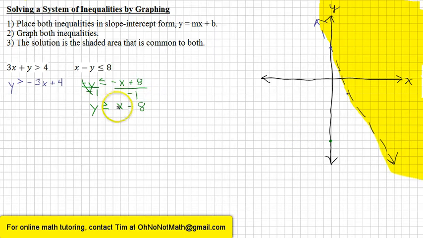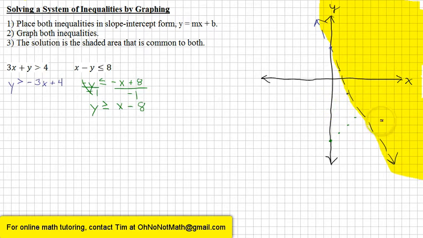The slope is positive 1, or 1 over 1, right? So since it's positive, we know the line's going to be sloping up as we move from left to right. And since the slope is 1 over 1, we go 1 in the y direction, 1 in the x direction, and so on.